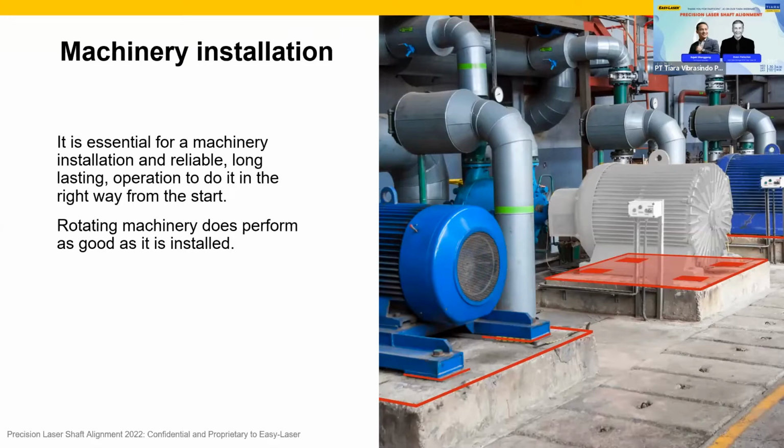We will learn that in one of the next slides. But it is also a good idea that we avoid those kinds of problems in the machine in the very first place, so avoiding or minimizing the root causes a machine can suffer from. And that refers to the installation of the machine.